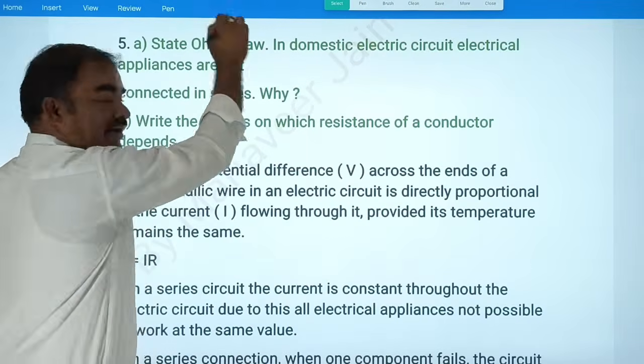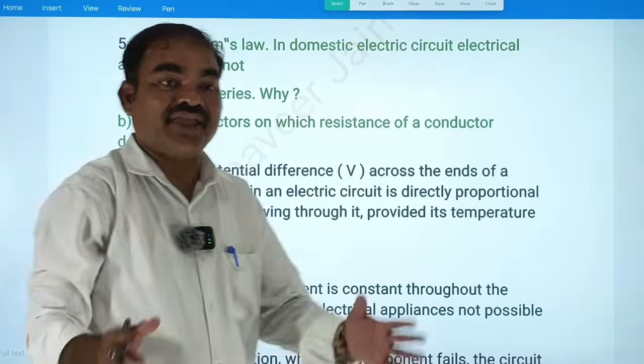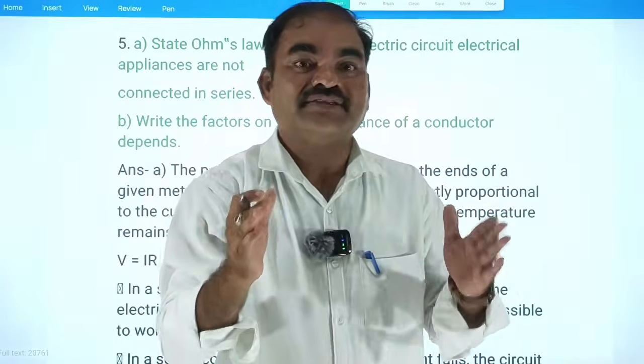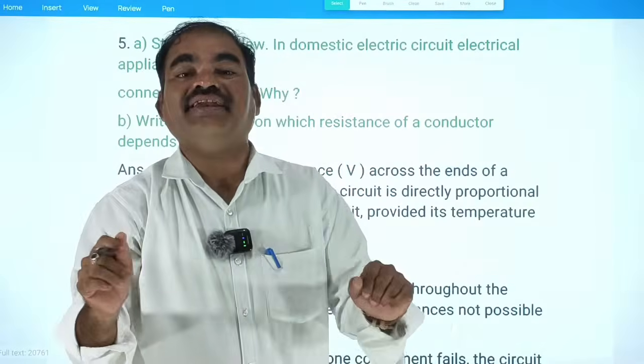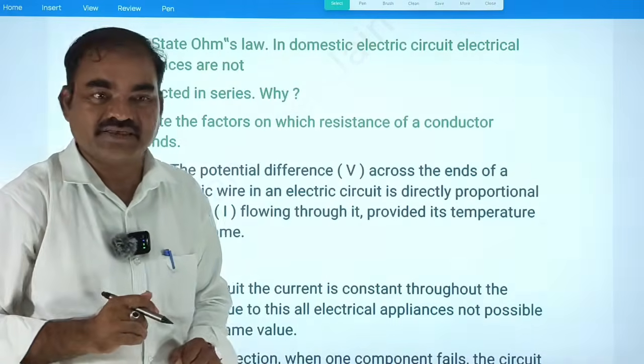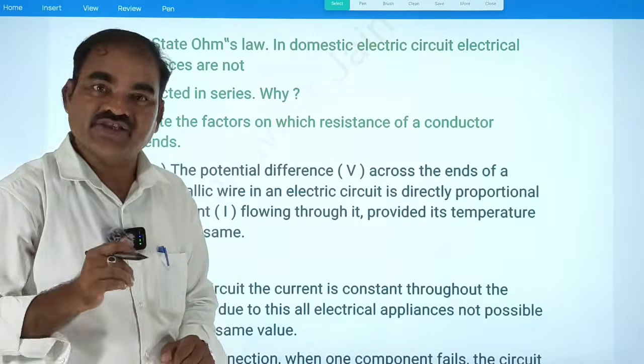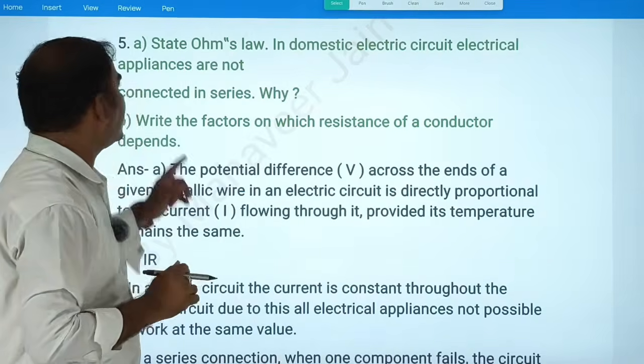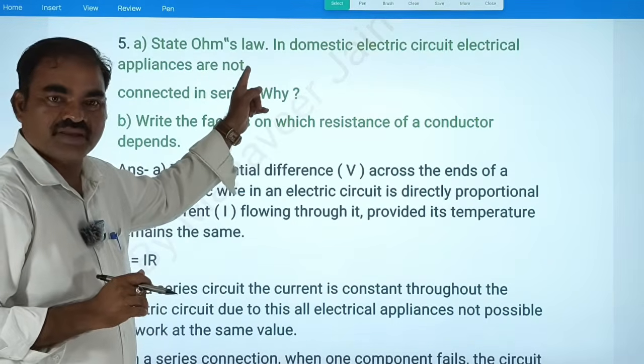Okay. Now let us discuss the main important concept, Ohm's law. Many times it has been asked in the annual examination as well as SA1. So here, state Ohm's law.